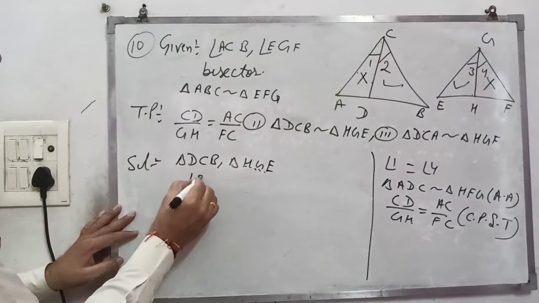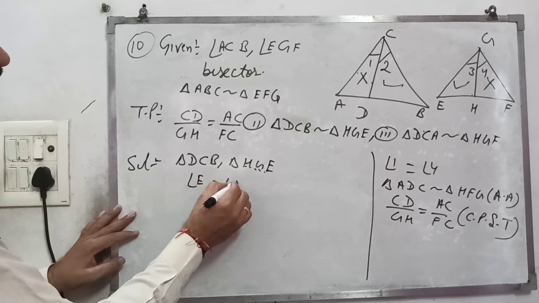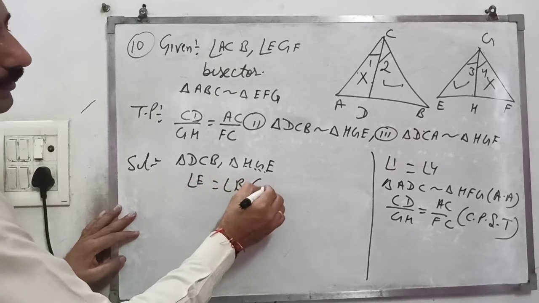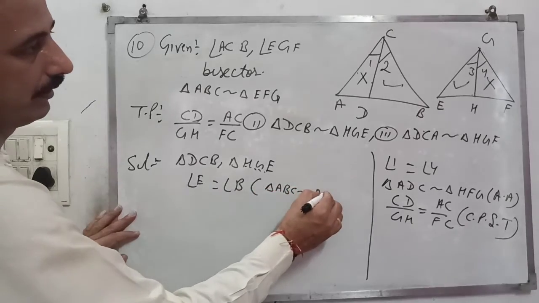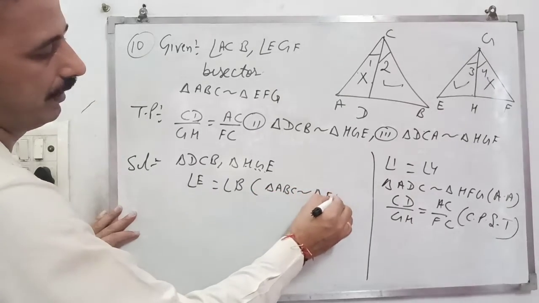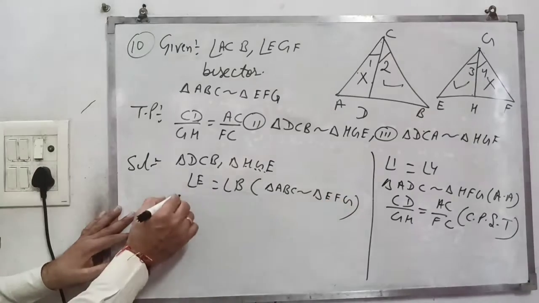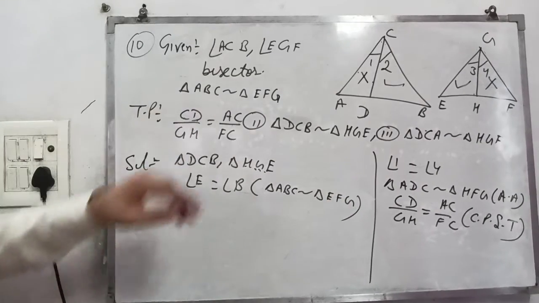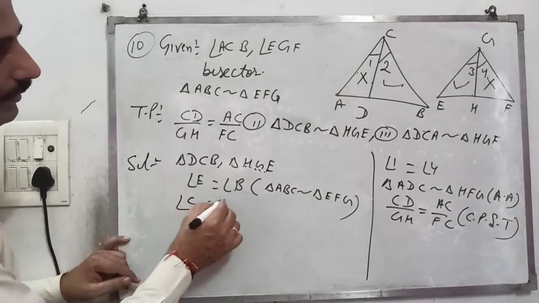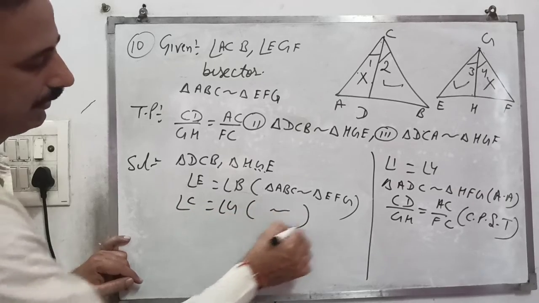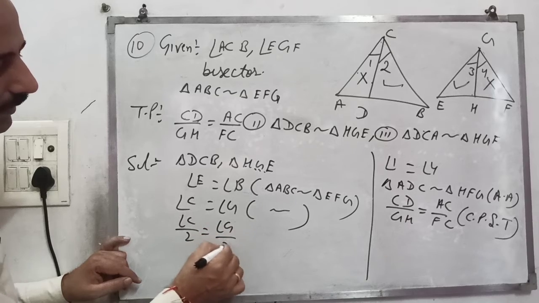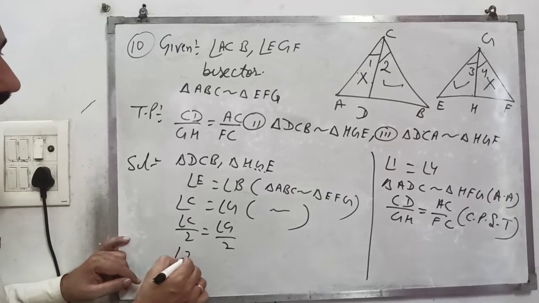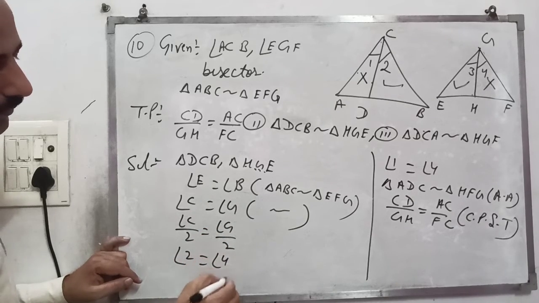So angle E is equal to angle B because triangle ABC is similar to triangle EFG, right? And similarly, angle C equals angle G because the triangles are similar. We can use the half of that and half of that. So angle 2 equals angle 4, right?